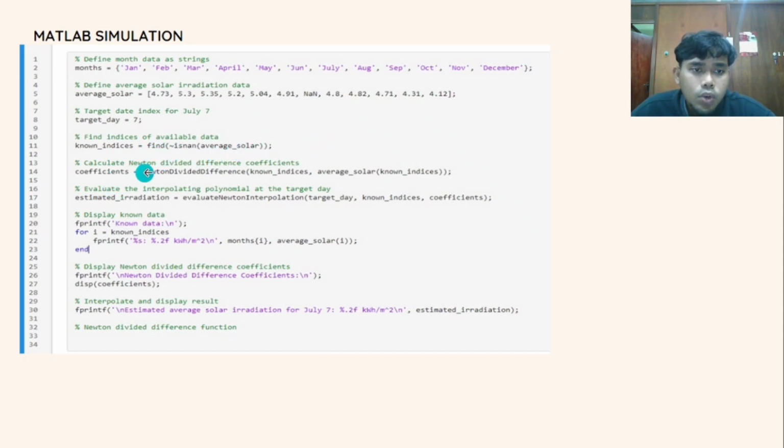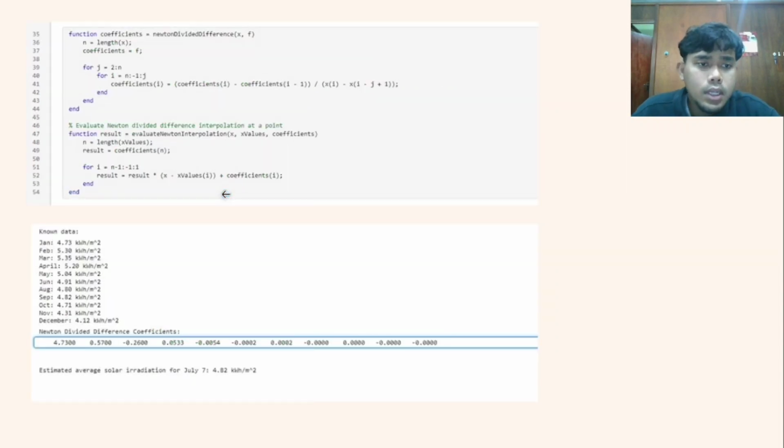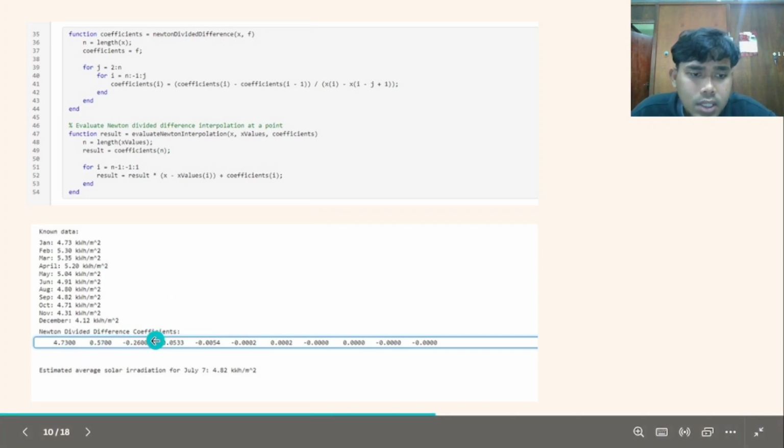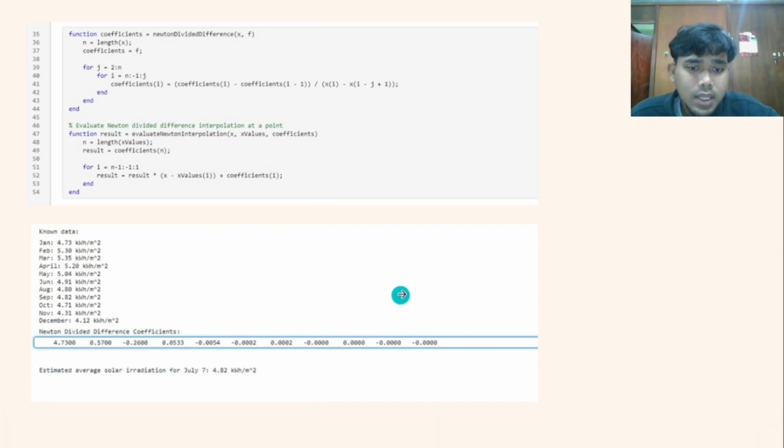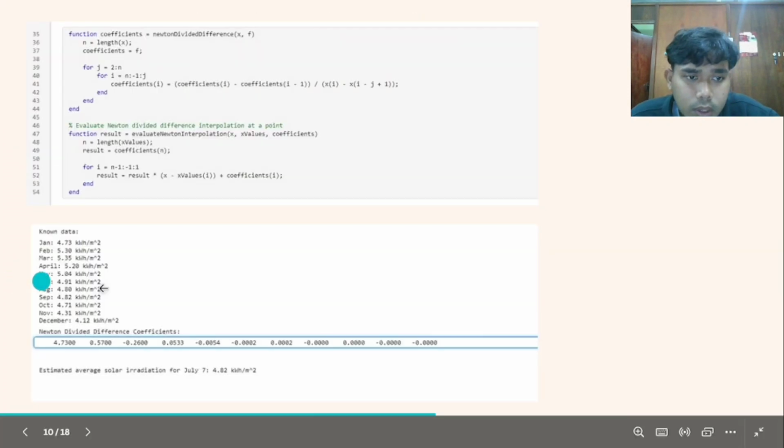After that, calculate Newton divided difference in MATLAB. After that, for the result, we got the Newton divided difference coefficients. The approximate value is 4.82.